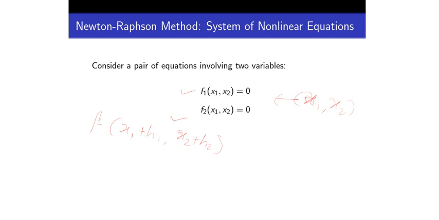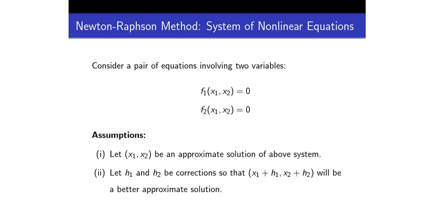The derivation is as easy as the earlier one. Let x1 comma x2 be an approximate solution of the above system. Let h1 and h2 be corrections, so that x1 plus h1 comma x2 plus h2 will be a better approximate solution.